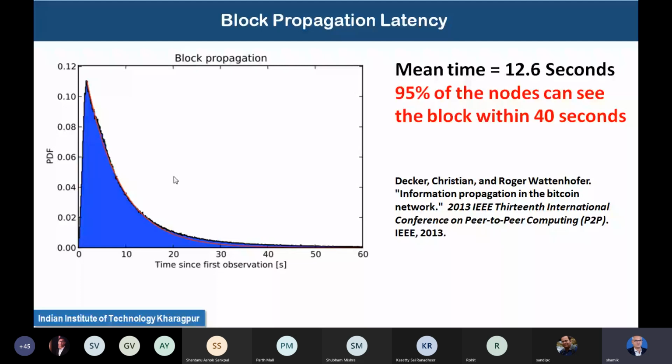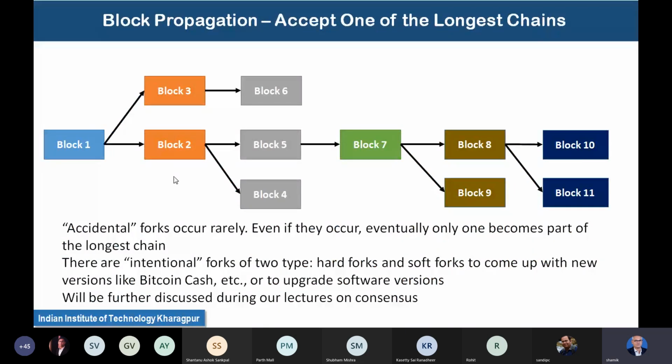So while a node is trying to mine a block, which is expected to take on average 10 minutes, within 40 seconds of creation of a new block, every node would know that the latest block has already been added, and it will give up its mining effort. So it is very unlikely that we will have this type of fork happening accidentally.